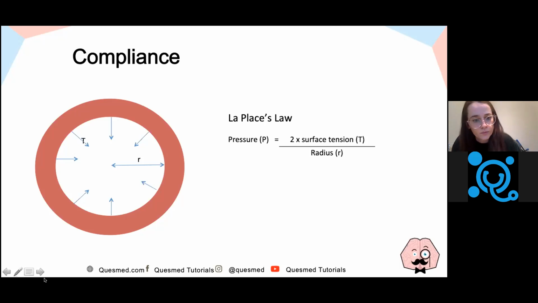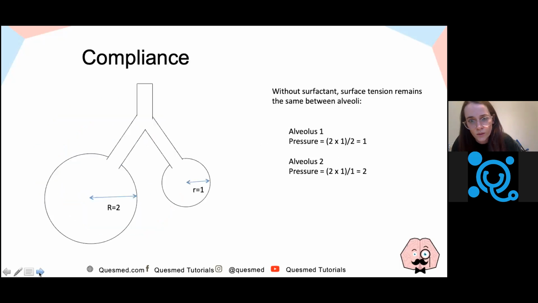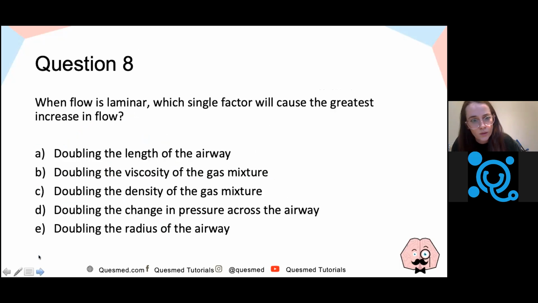Okay. Lovely. So when flow is laminar, which single factor will cause the greatest increase in flow within the airways?